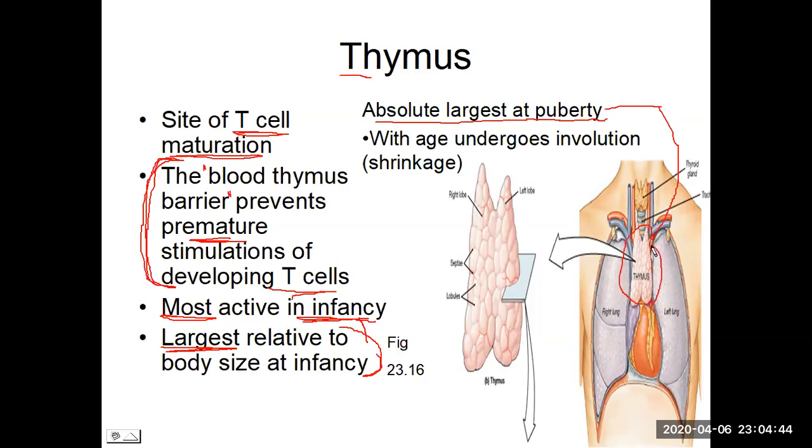So the maximum size is reached at puberty, which is still relatively early in life. With advanced age, as we get older, it actually starts to decrease in size, shrinking down. That's the typical pattern of development. So it shrinks with advanced age.